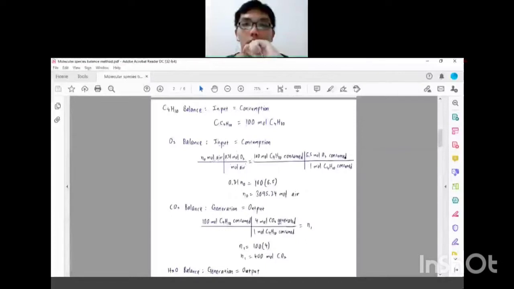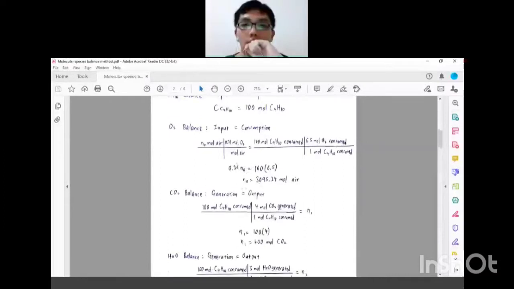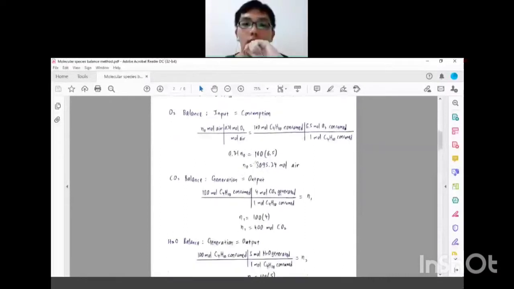For the input, we multiply n0 by 0.21 mole O2 over mole air, and the consumption will be equal to the 100 moles of C4H10 consumed multiplied by 6.5 moles O2 consumed. You will get the answer for n0, which is 3095.24 moles of air.